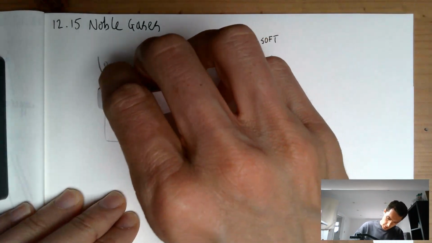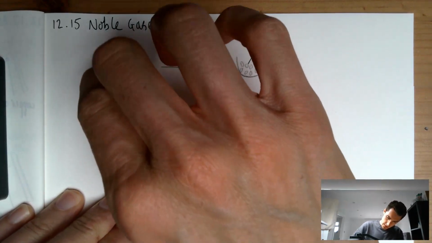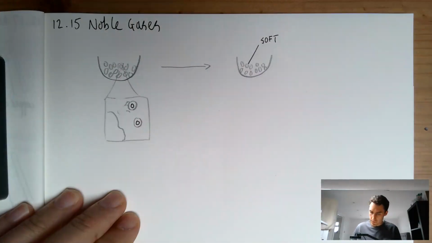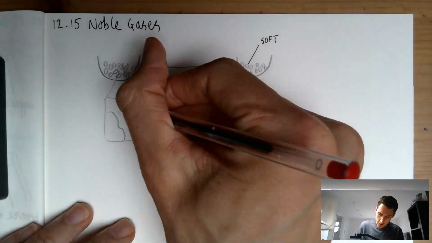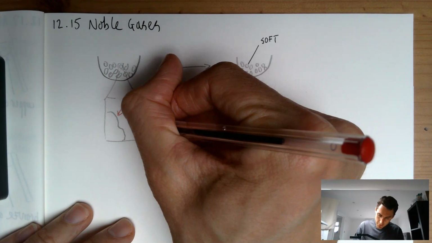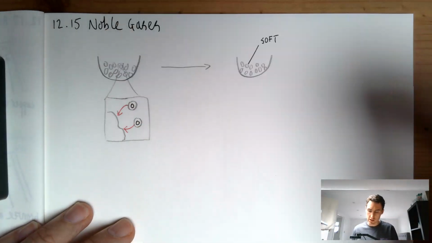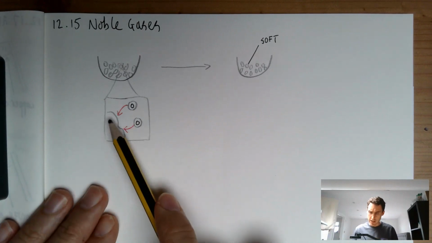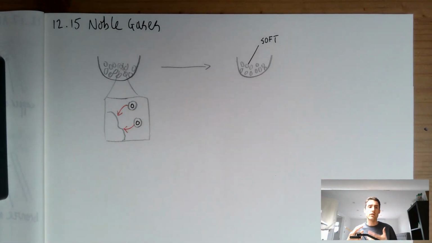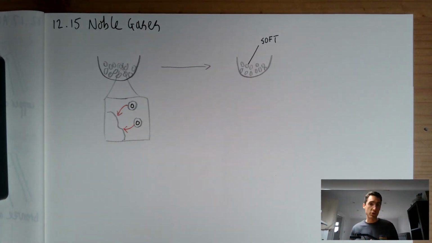There's some sort of reaction between oxygen and the crisp, and it's that reaction that makes the crisps go soft. This is what we want to say to students. Because you get a reaction here, the properties of the crisp change, and therefore we get soft crisps.